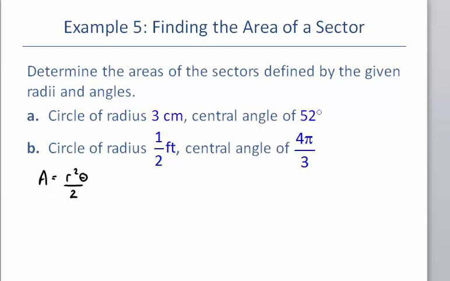So for part A, that presents a little bit of a problem because 52 degrees is not in the right format. So the first thing I need to do is convert that 52 degrees. Converting that to radians, remember that you need to multiply by pi over 180. So that's going to give me 52 pi over 180. And 52 over 180 is going to reduce to be 13 pi over 45.